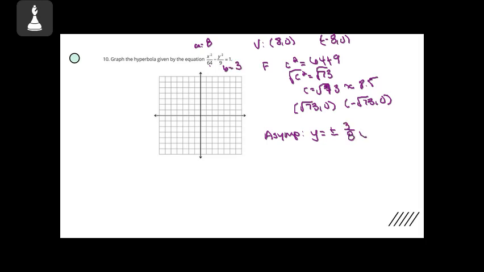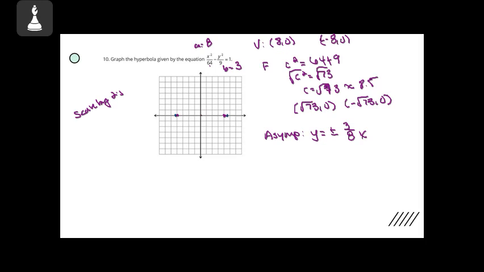Again, I'm going to scale by 2s. So 2, 4, 6, 8. I'm going to make my foci in just a little different color because it's going to be right after that point there. And then going from here, I'm going to go up 3 over 8.